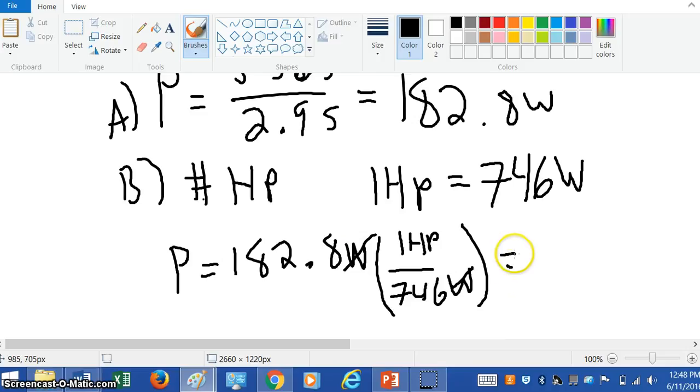And so you just take 182.8 divided by 746, and that is about 0.24 horsepower. Okay, so there's a nice example with horsepower and work.